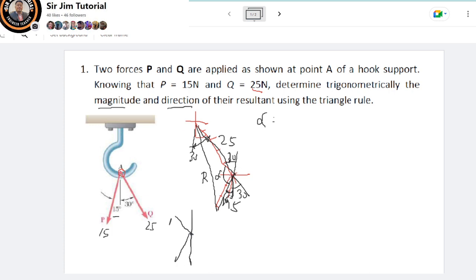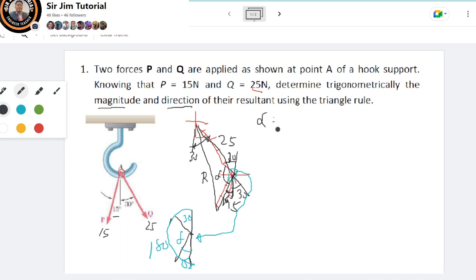If we are going to get this point, so meaning this is 30 and this is 15. This is alpha. The total angle is equal to 180. So alpha plus 30 plus 15 is equal to 180.